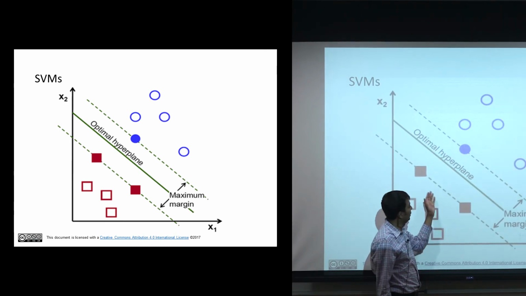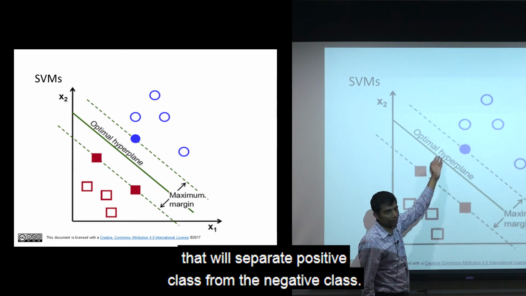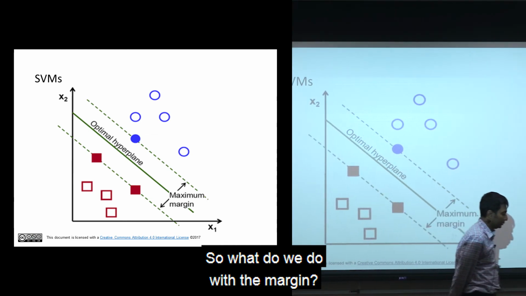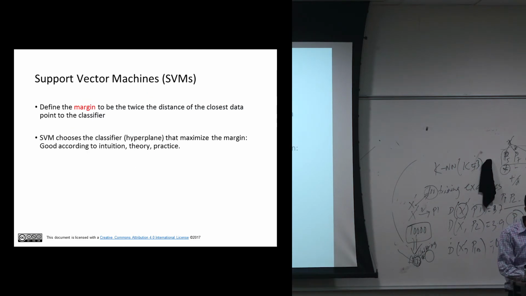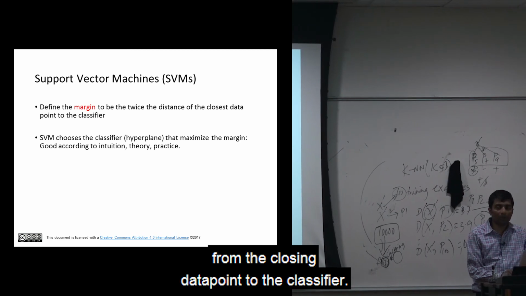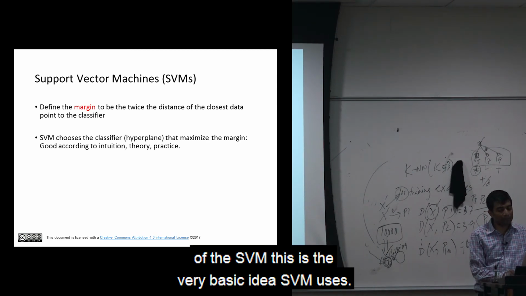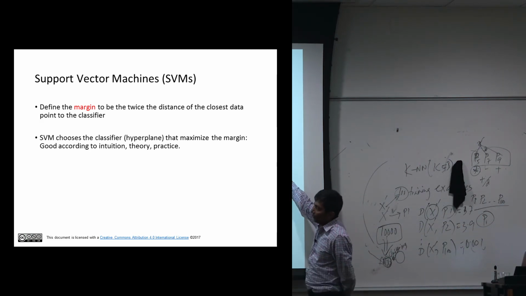I want to come up with a separator that separates the positive class from the negative class. So what will be the margin? The margin is twice the distance of the closest data point to the classifier. And the basic idea SVM uses is that it tries to maximize the margin.